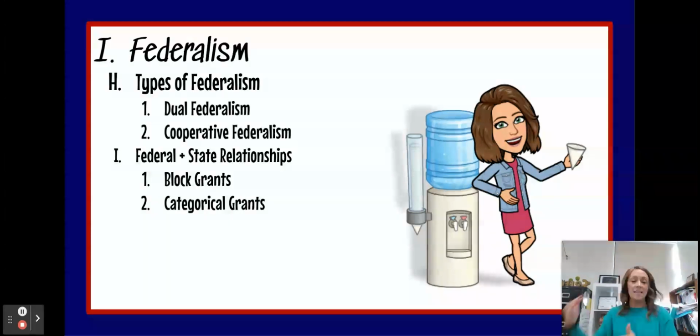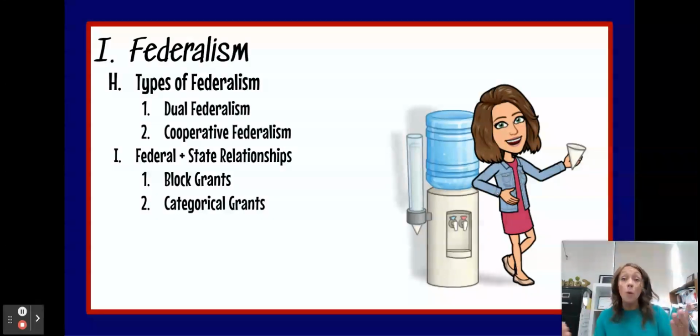They're not mixing together. But cooperative federalism is more like a marble cake, vanilla and chocolate all swirled together, because the federal government is going to encourage the state governments to do certain things without actually demanding that they do it. But there's more cooperation between the levels.